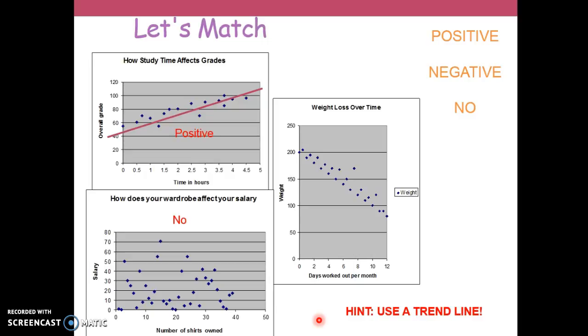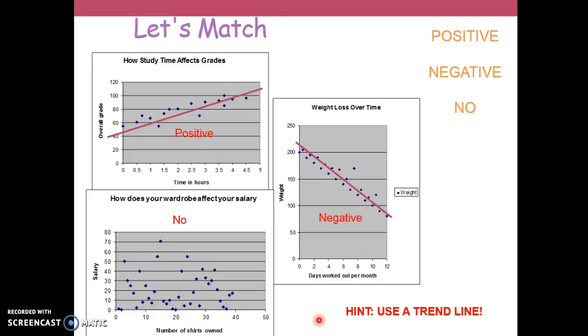So that gives it away even more than just looking at the dots: that's a positive trend. The other one, weight loss over time, the one on the right: days worked out per month is one of them, and weight loss, you can see the weight of the person going down as they work out more. If we put a line on that one, of course, it's really obvious that that is a negative correlation.